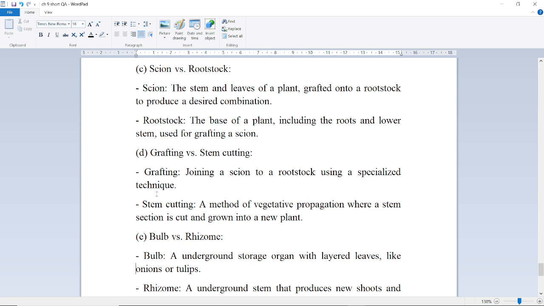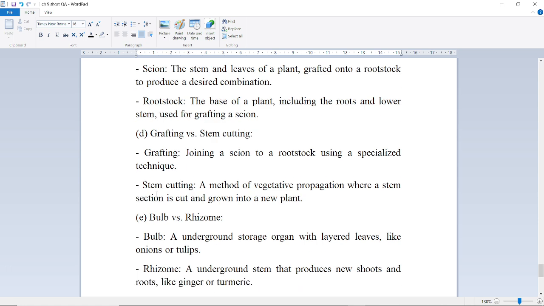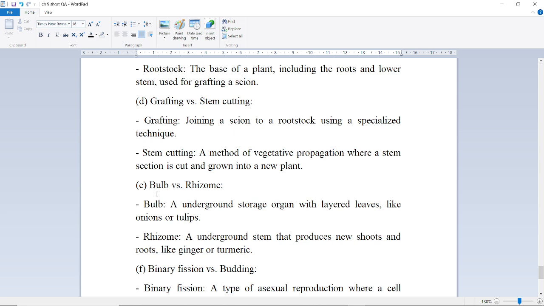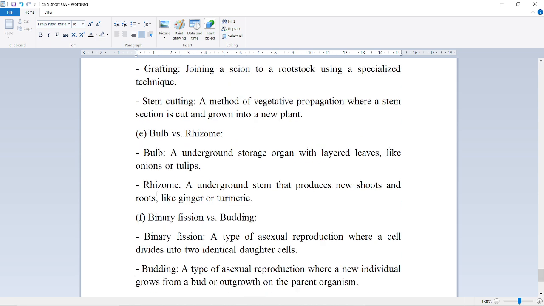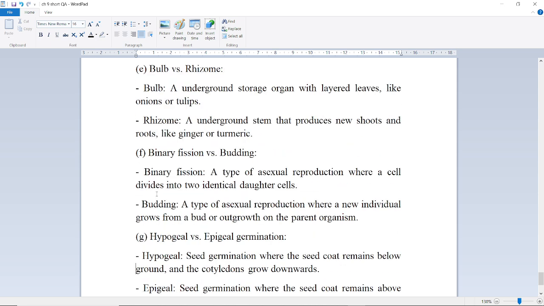Next is bulb versus rhizome. Bulb, an underground storage organ with layered leaves, like onions or tulips. Rhizome, an underground stem that produces new shoots and roots, like ginger or turmeric.